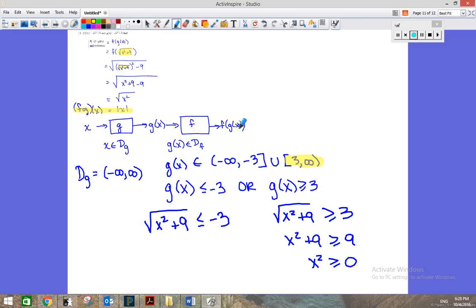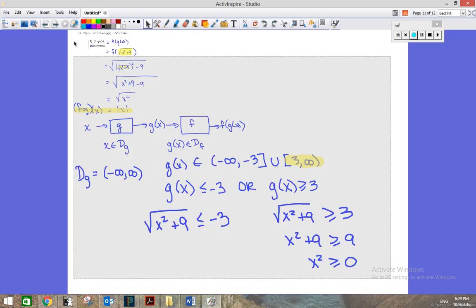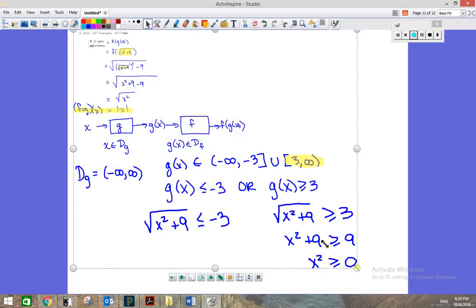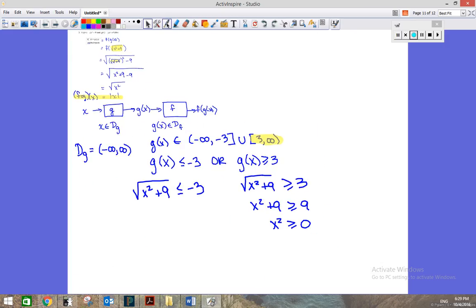So f is always going to produce an output. It's always going to have a y value. Our domain for this function composition is all real numbers. Hopefully I explained it in a similar way in class. I don't remember. The domain of f composed with g is all real numbers. Wish I had an echo effect. Numbers, numbers.